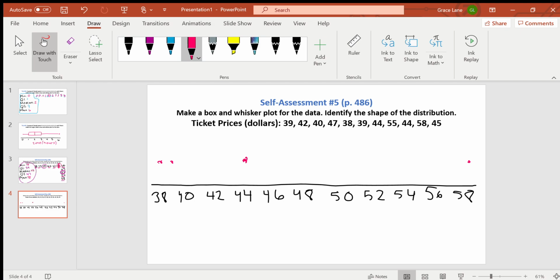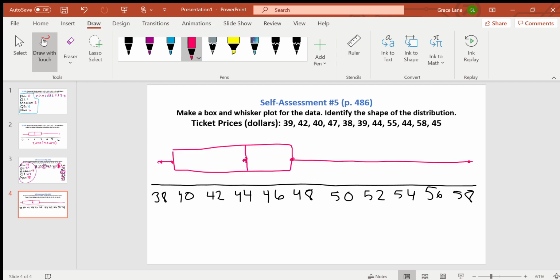And then quartile 3 is 47, so in between 46 and 48. The box part of this is going to go between quartile 1 and quartile 3, this is the IQR. The median gets marked as well. And then the whiskers mark the rest of your data and show you the highest and the lowest.